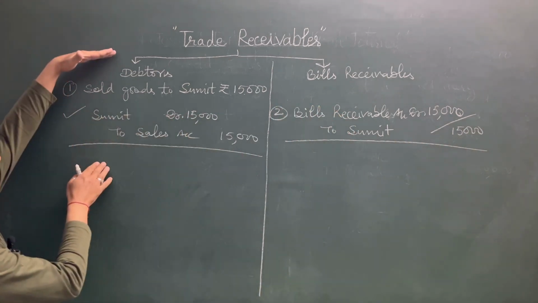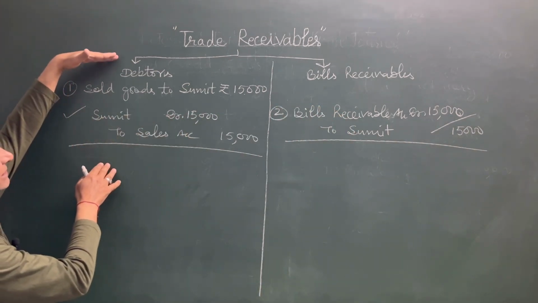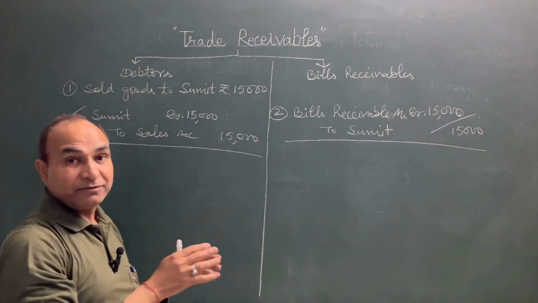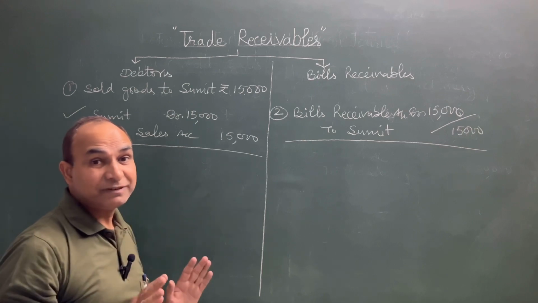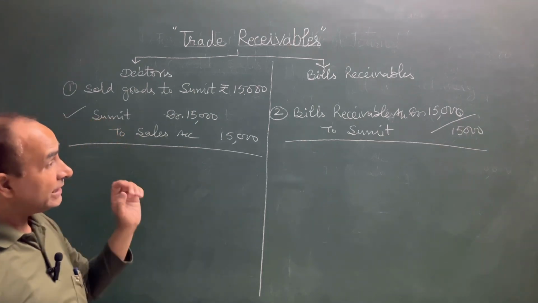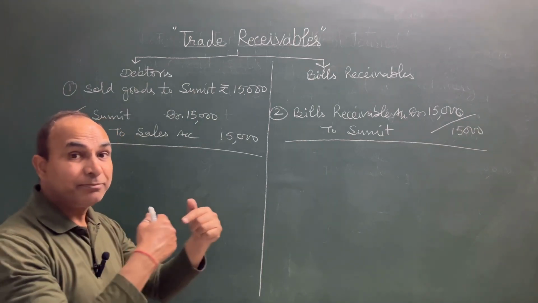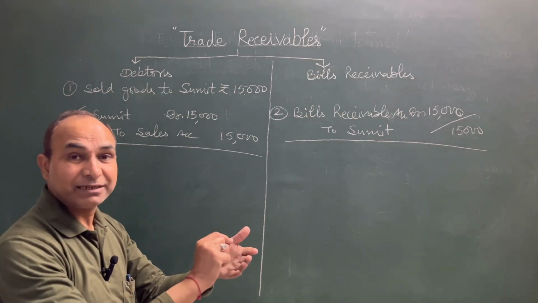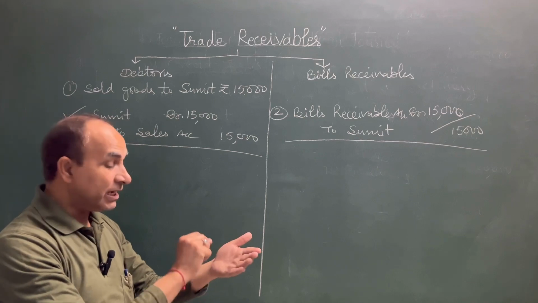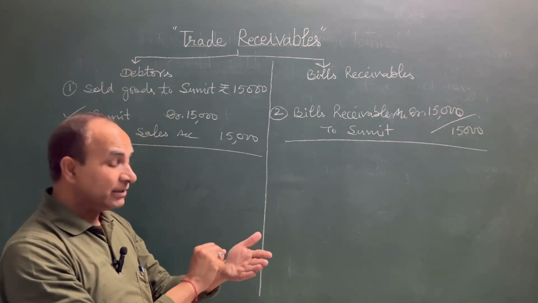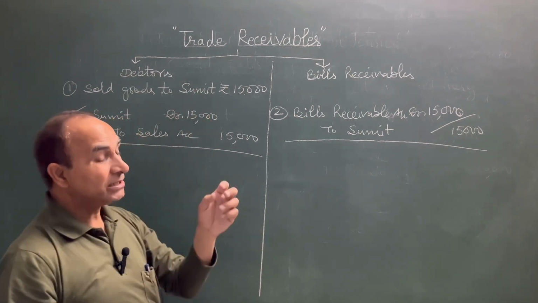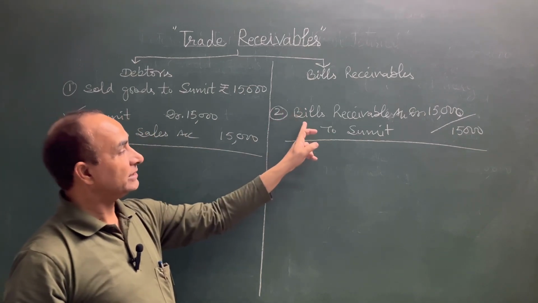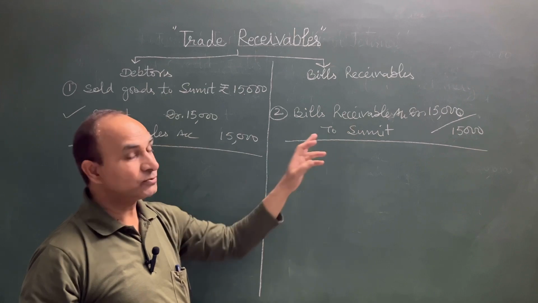If the first case is taken, Sumit simply is our debtor. The days or the date of receiving of money is not fixed. But when the date is fixed, we draw a bill, and Sumit has accepted that, put his signature, and on that it is mentioned that Sumit is going to pay this amount after 2 months. That becomes bills receivable. So journal entry for that, bills receivable to Sumit.